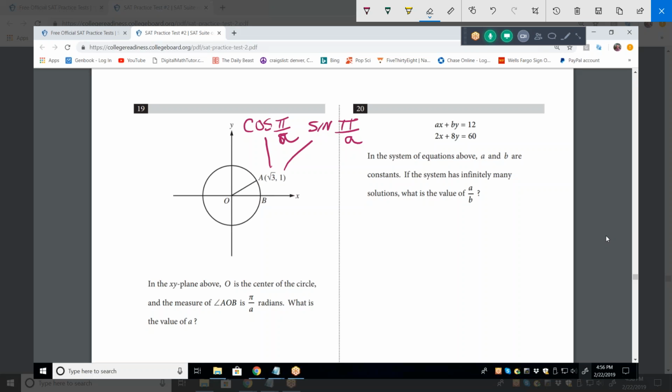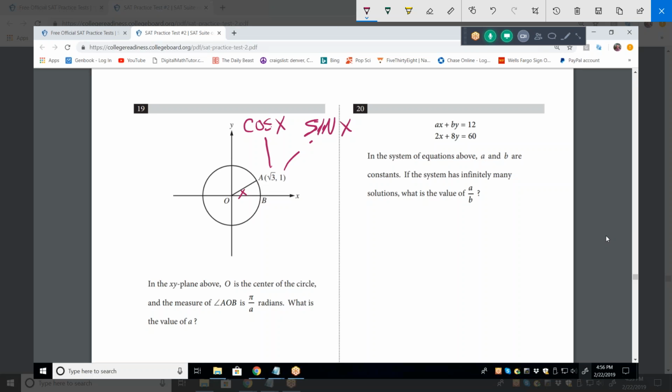For the moment, let's just call that angle x. What do we know? Besides the x-coordinate is cosine and the y-coordinate is sine, what about tangent?